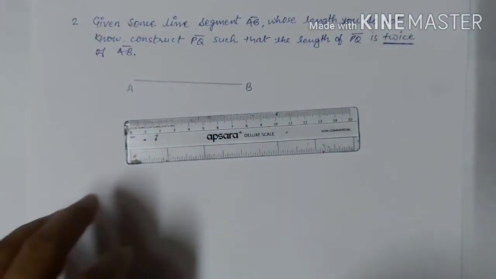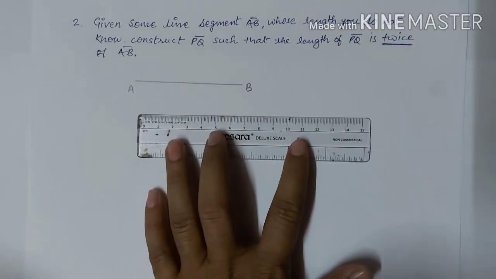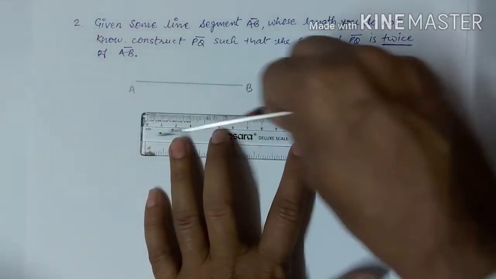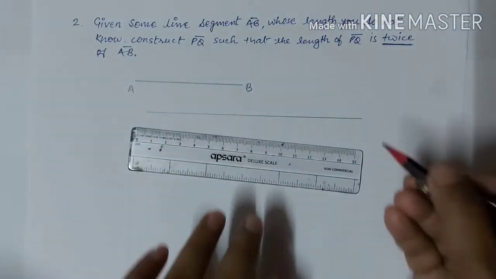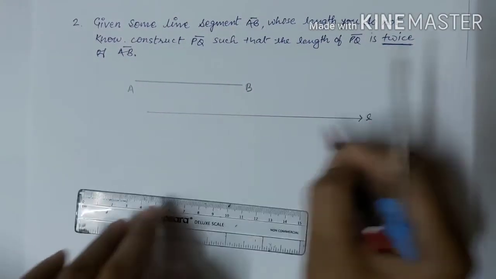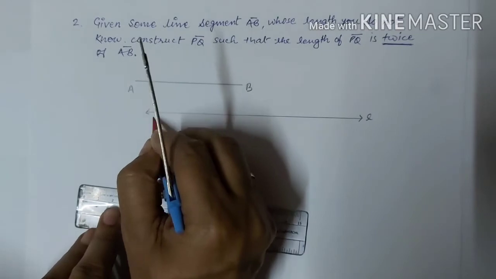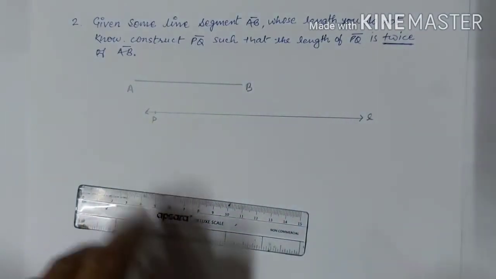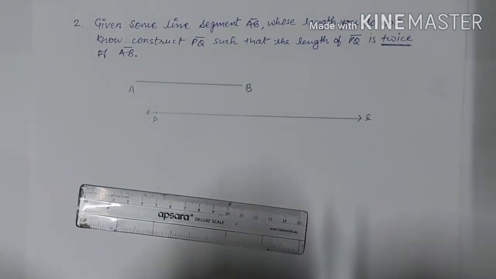Okay, now second step, you draw a line L and a point P on it.